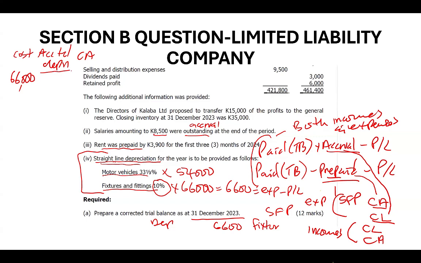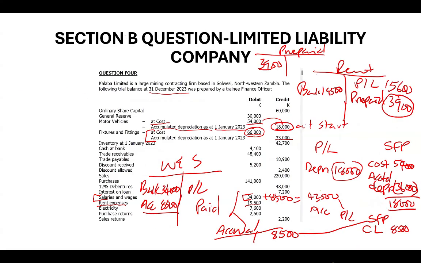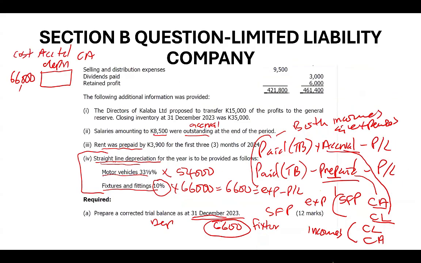The correct figure for accumulated depreciation at the end of this year must always be this depreciation expense added to the accumulated depreciation figure in the trial balance. So this accumulated 33, it will be plus 6,600, which gives us 39,600. So when you subtract the two, you get a carrying amount of 26,400.